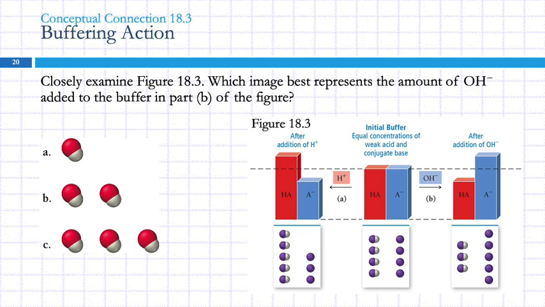How many of these moved to the other side? 1, 2, 3, 4. 1, 2, 3. One of them did, right? So one of these was reacted with. So that tells us that we added 1 OH. Does that make sense?